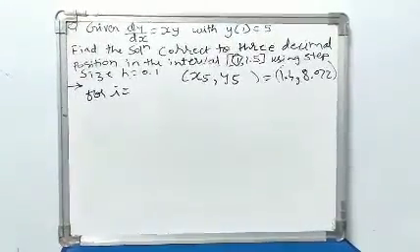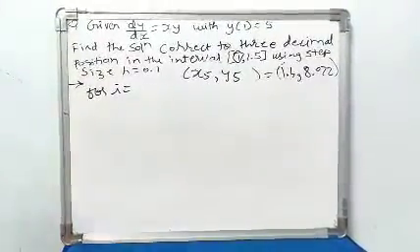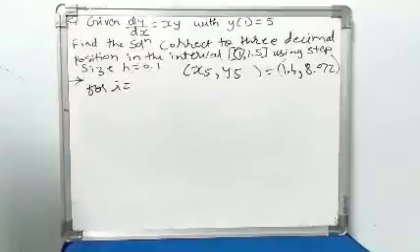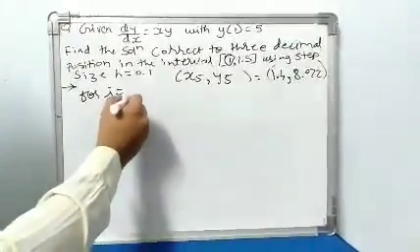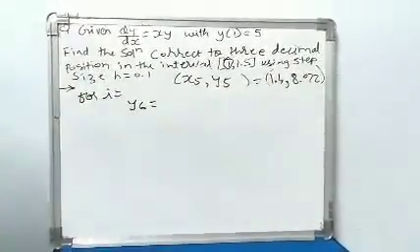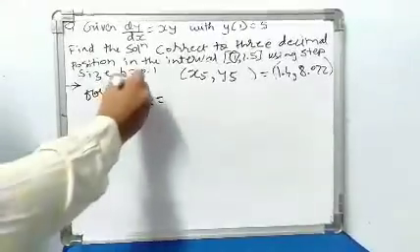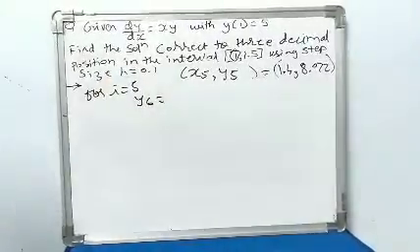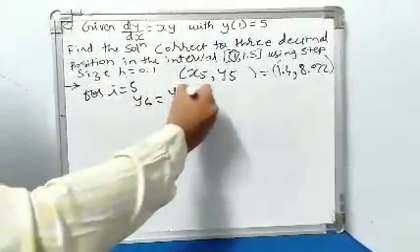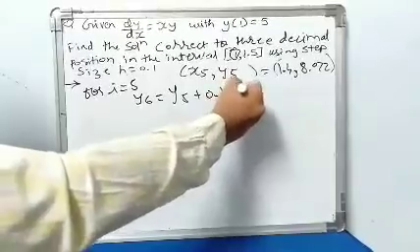So let us see the y6 formula. For the fifth iteration, y6 is equal to y5 plus 0.1 into s.